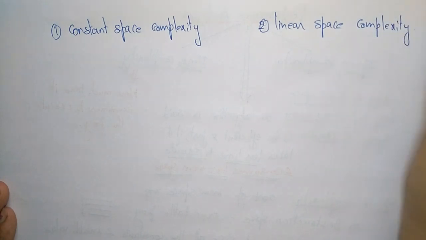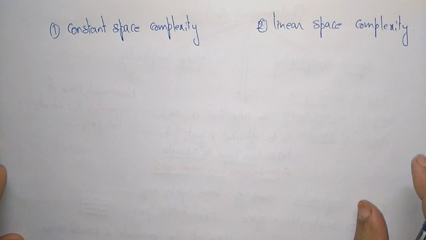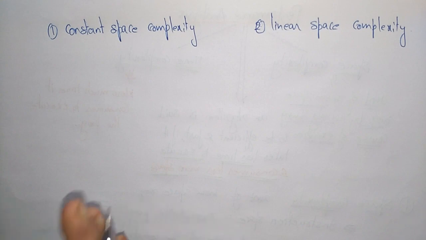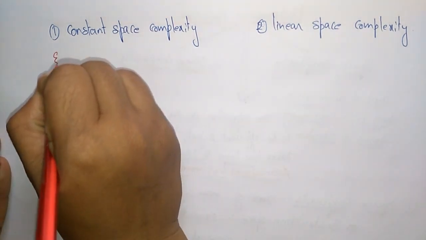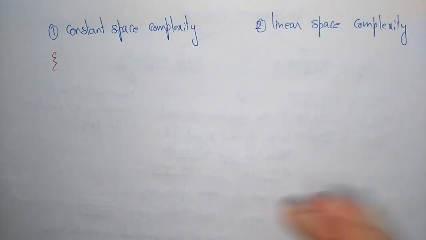The space complexity is used to calculate how much memory the algorithm is using in the system. So let us see what is a constant space complexity. Suppose it is a simple program with constant, fixed steps.